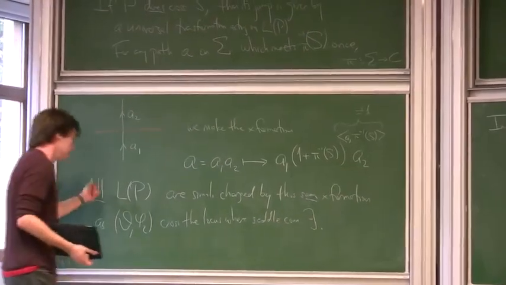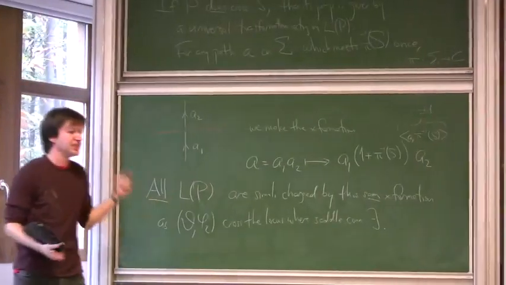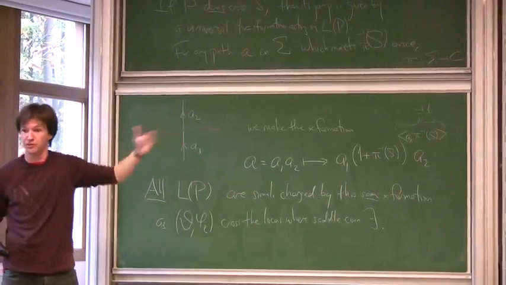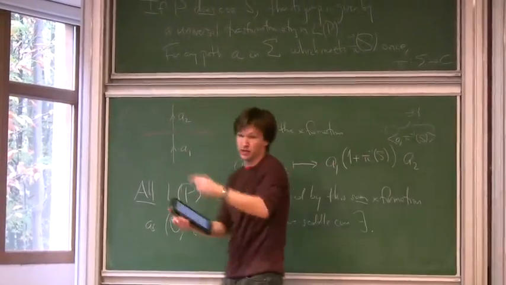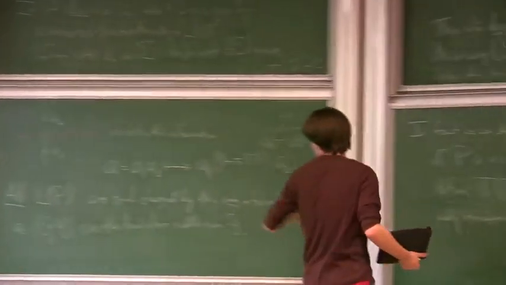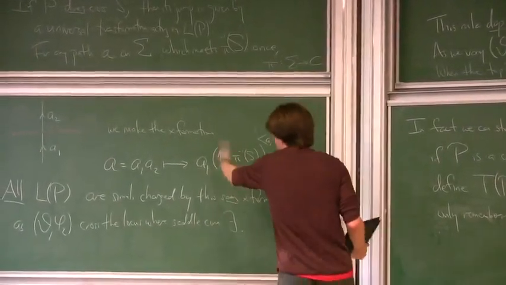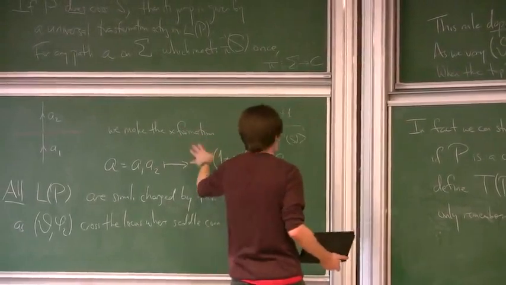So now that we have this information, it's sort of easy to see what will happen to those traces. I defined something that I called T of P, which was just obtained by taking these L of P's and kind of closing up the ends. So that's very similar. Just basically take the trace, do this transformation, and then take the trace.